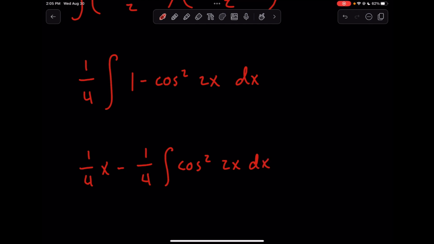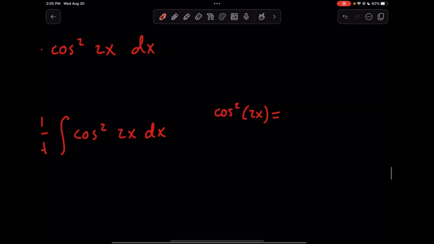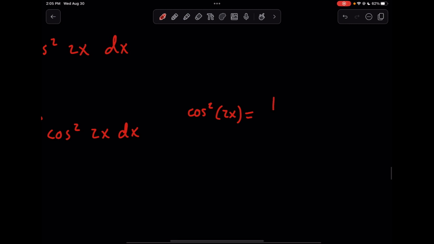Now, since cosine once again has an even power and it's on its own, we need to do yet another power reduction formula, except this time, instead of it being x, we're doing it on 2x. So cosine squared of 2x will equal 1 plus cosine of 4x, because we got to double it, over 2.